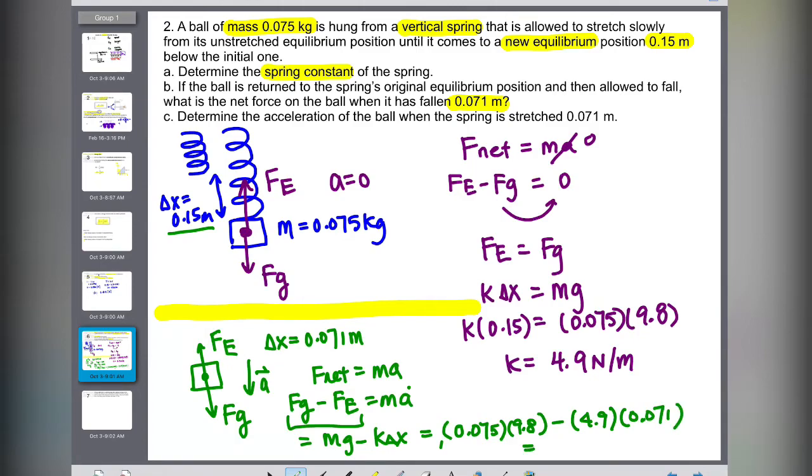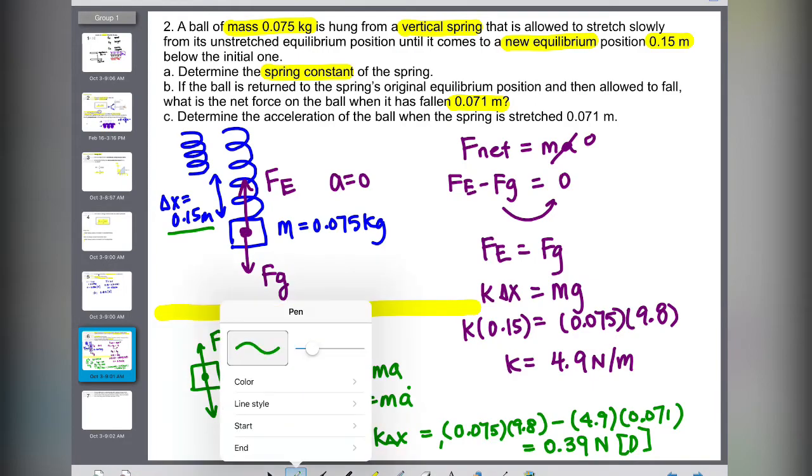So 0.075 times 9.8 minus 4.9 times 0.071. So I got 0.39 Newton, and this is going downwards. The overall net force is down.